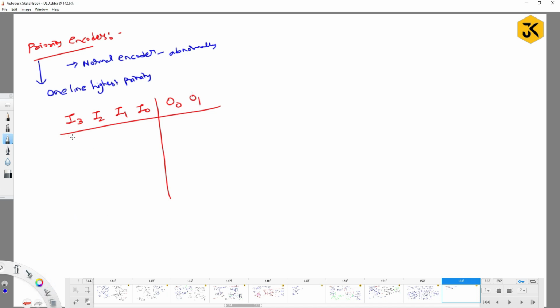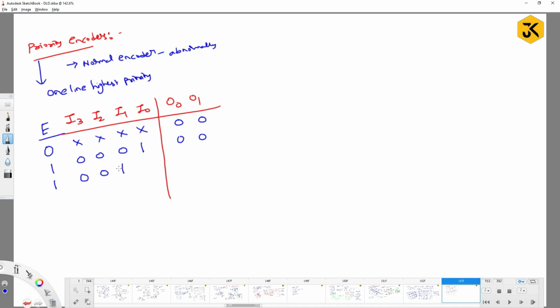If enable is not switched on, then irrespective of any input, you get the output 0, 0. If the circuit is on and the input is 0, 0, 0, 1, you get 0, 0 as the answer.